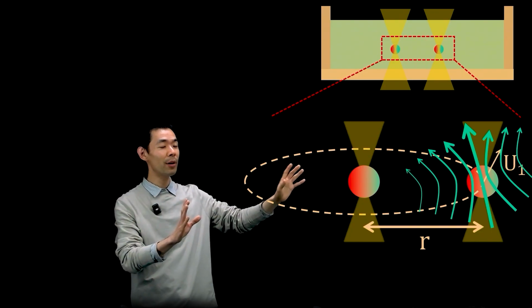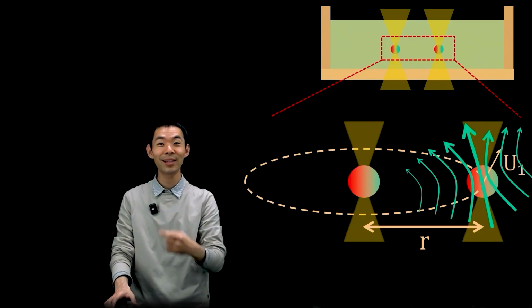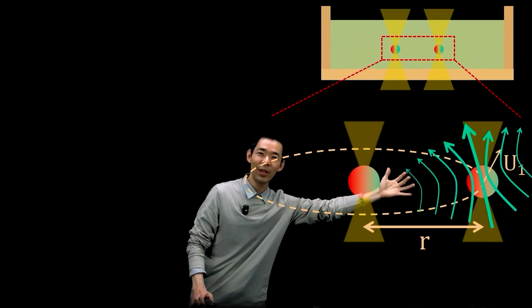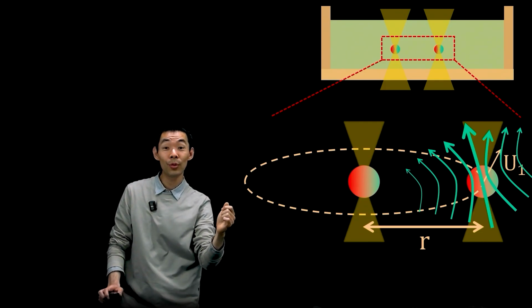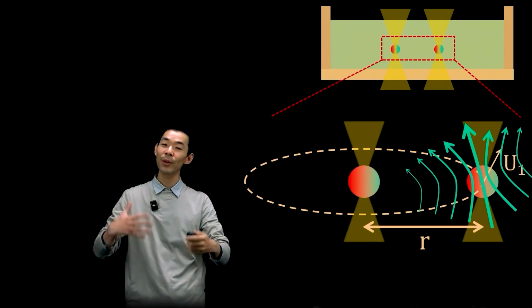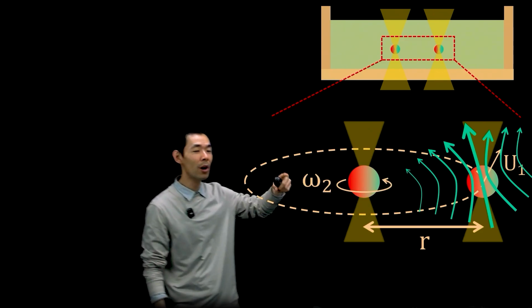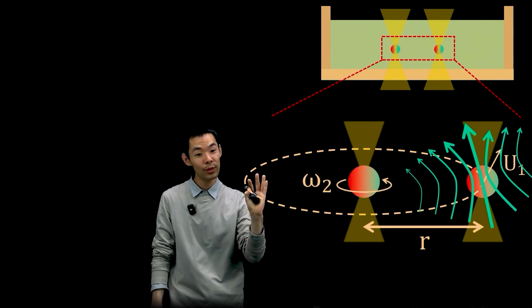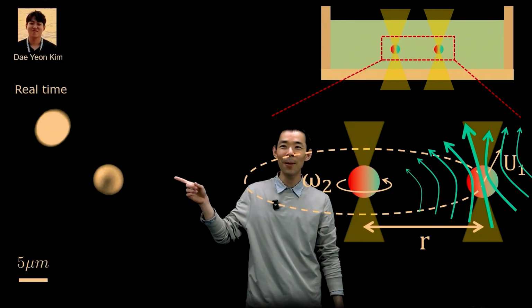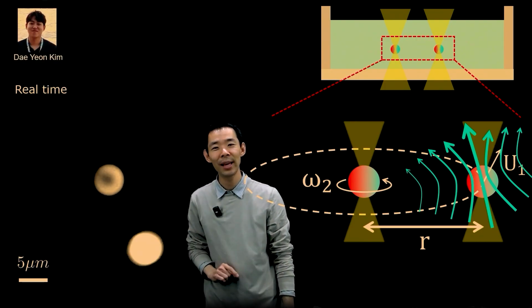Therefore, both particles are free to rotate inside the fluid. The center particle should feel the force coming through the fluid. It's called hydrodynamic interactions. And if it responds to that, maybe it will cause the center particle to spin with an angular velocity omega 2. That's what you saw in this movie on the title page.